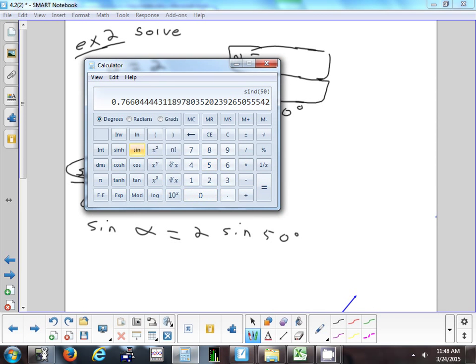There's the sine of 50. There it is times 2. It's 1.53. Okay, when we did that graphing last week, what was the highest and lowest that sine and cosine went, without transforming it? -1 was the lowest, and 1 was the highest. This came out to 1.53.